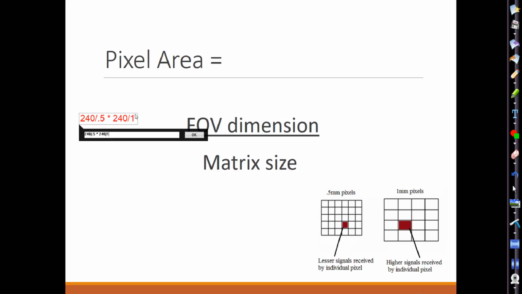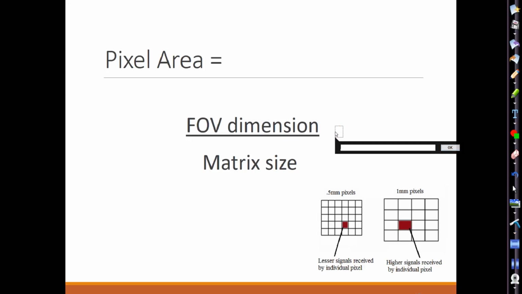But when you're solving these equations, because they might word it differently, I don't want you to get confused by getting too specific. They're usually looking for pixel area on the registry. They want you to make the calculation twice. One is the frequency pixel size, and the other one is the 240 divided by 0.5.